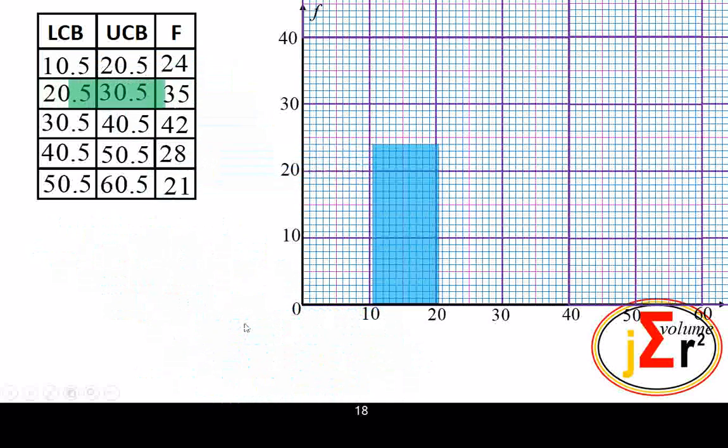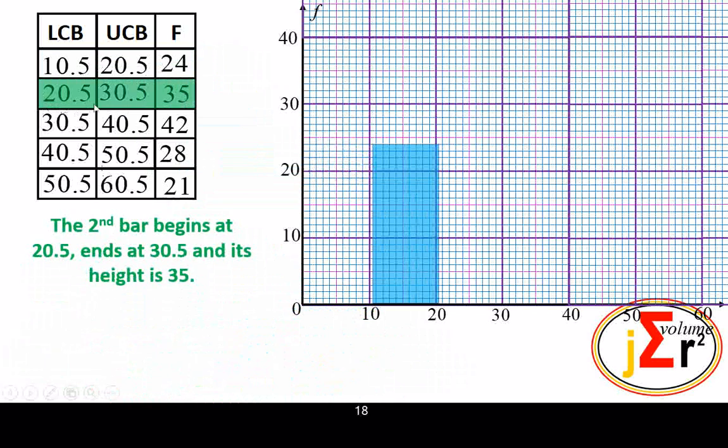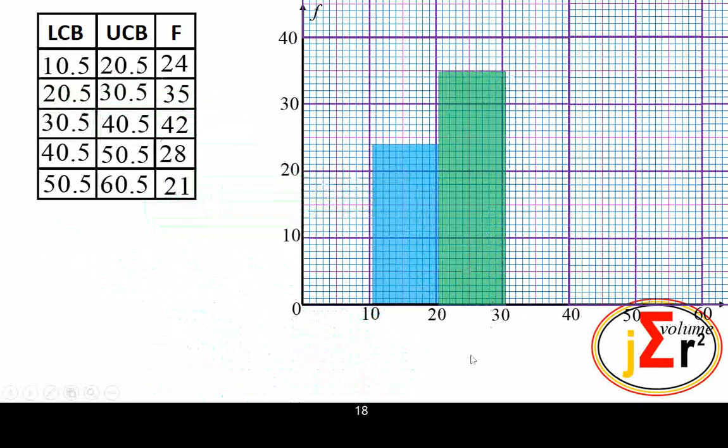The second bar begins at 20.5, ends at 30.5, and its height is 35, as we have it right here. So it's going to begin where the other one ends, at 20.5.